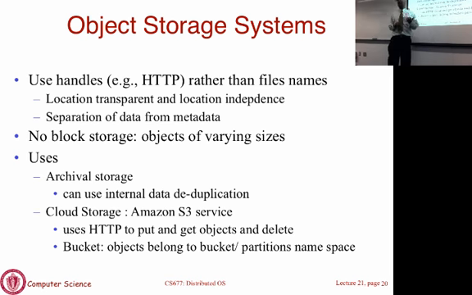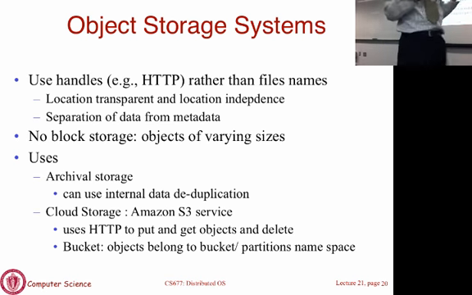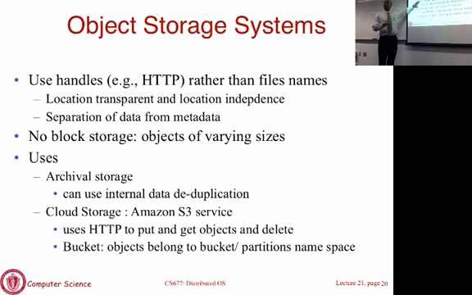You can use an object-based system and layer a file system on top, or you can simply deal with objects. Now this kind of system has become very popular in two scenarios. One is for backup purposes. You can take an entire dump of a file system, make that one large object, and put it into an object storage system.